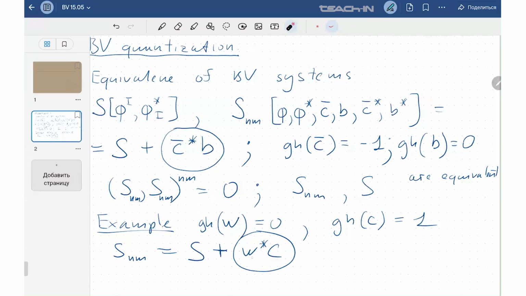Now we have just added a field w of degree 0 and field c of degree 1 together with their conjugate antifields. And we added a term like this. What is the meaning of such a term? If we see a term involving a field of degree -1 and a field of degree 0, what does such a term encode?